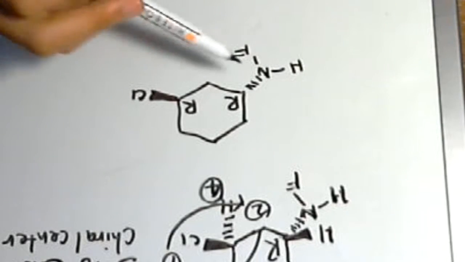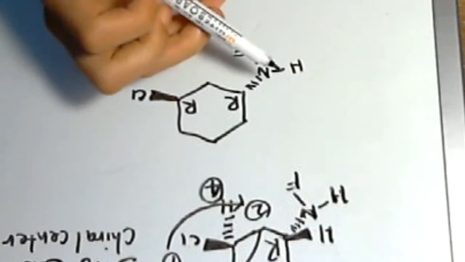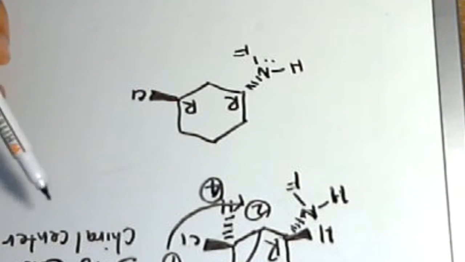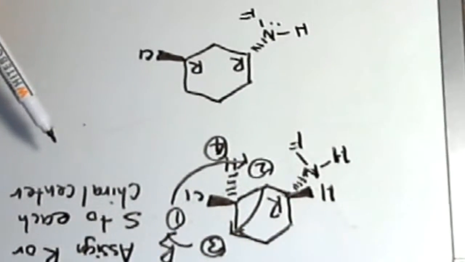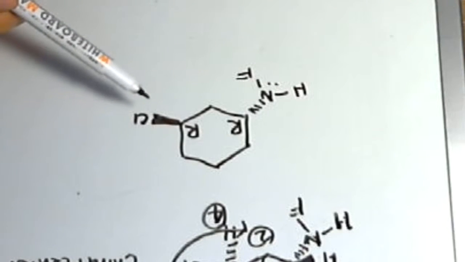So you might be asking, what about that nitrogen? Well, remember, that nitrogen does have 4 different groups, but we're asked to assign R and S to each chiral center, and chiral centers have to be carbon.